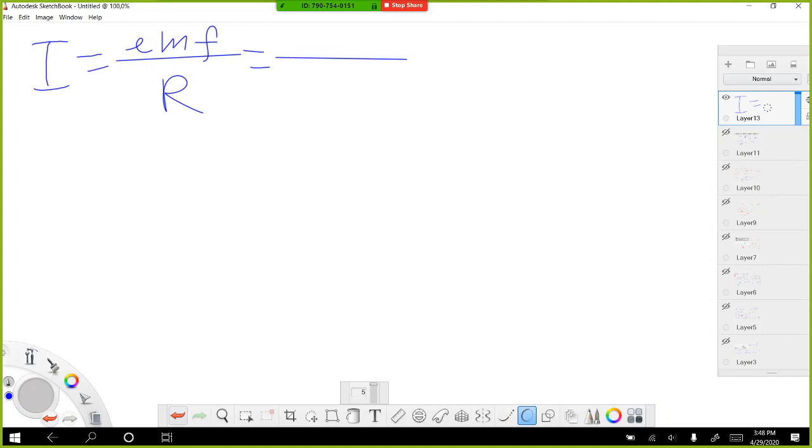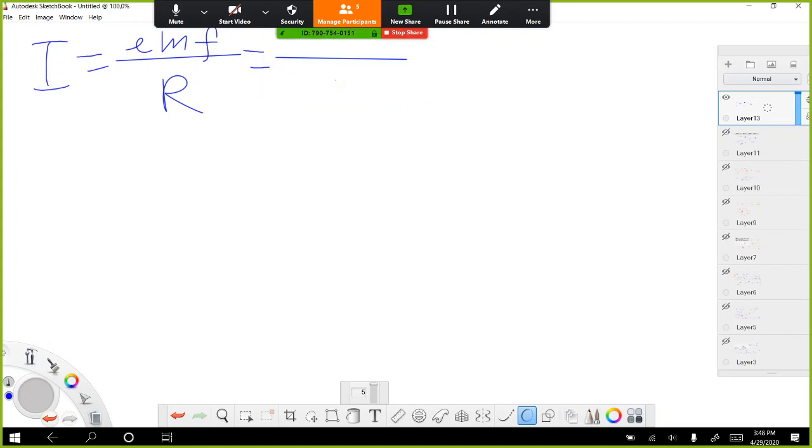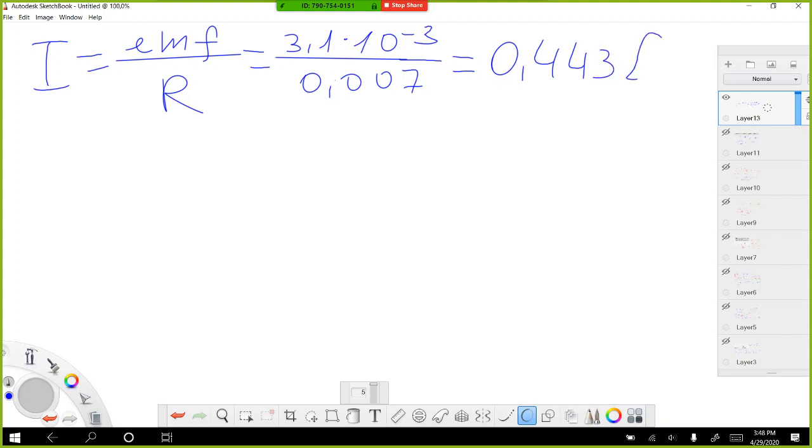Electric motive force was equal to 3.1 10 to minus 3 over the resistance, which is 0.007, and this is equal to ampere.